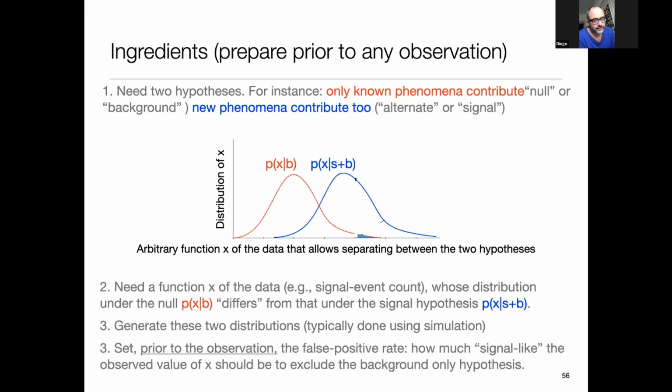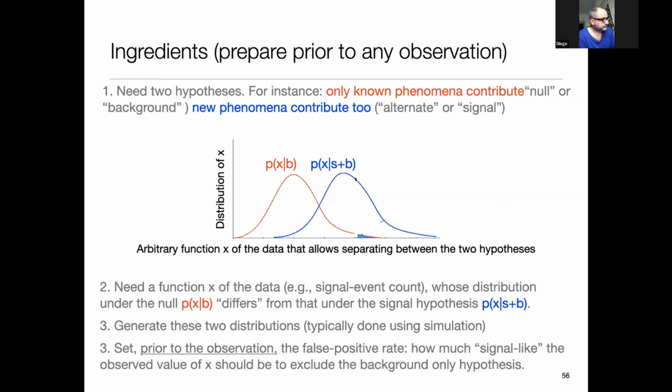So in a very generic sense, you will have a null hypothesis, so the background only. So whatever you expect is there only. And it's written here, P of X given background. And then you may want to test a signal hypothesis or an anomaly hypothesis, which we call P of X given S plus B. So given that if nature would have a signal there, how my data would look like.